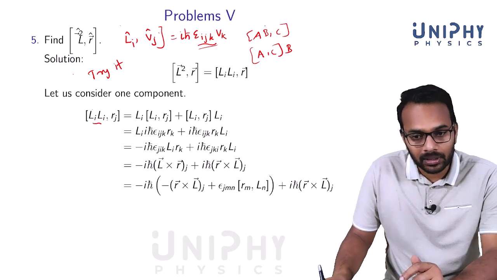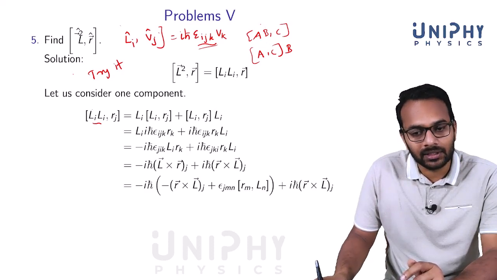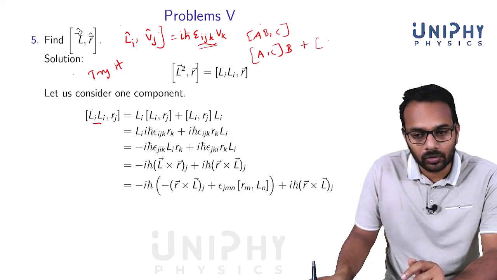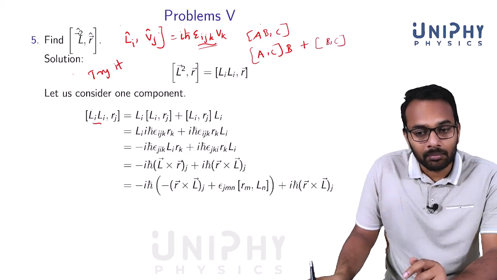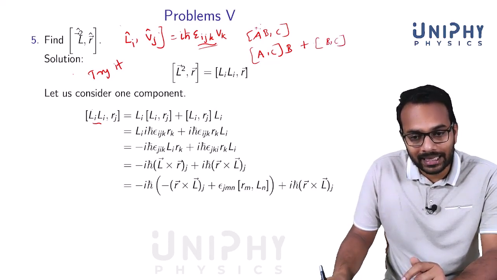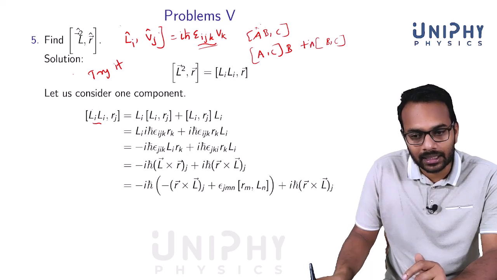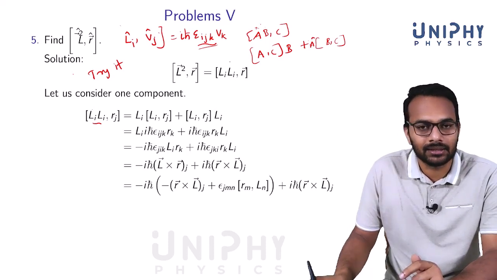Remember, you have to take care of the relative position between A and B. B comes after A here, so it should come after A here also. There is also one more combination, B with C, but you should remember that this A comes before this B, so this A comes here. This is the relation. We use that here.